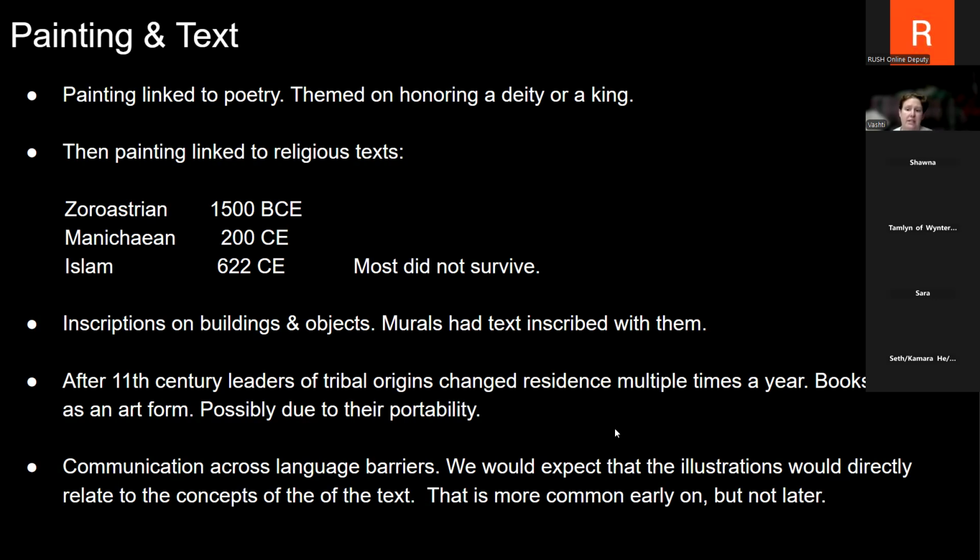One of the things we also see with this group, one of the theories as to why books became a big deal as you start to have this new group come in, is that this is a group that doesn't speak the language of either the indigenous population or the ruling group. So they didn't speak Persian, they didn't speak Arabic.